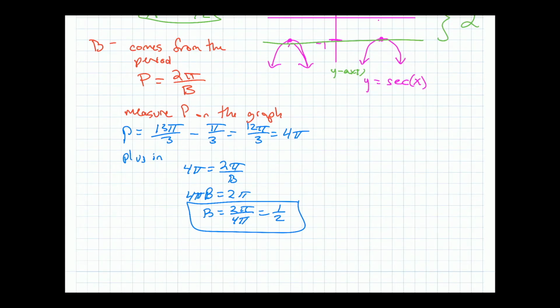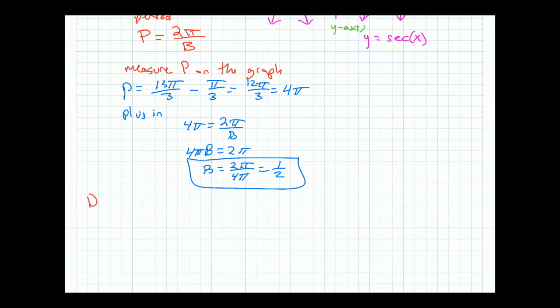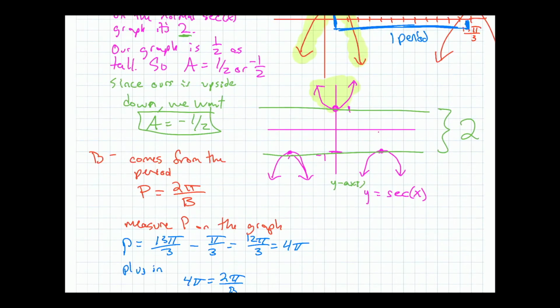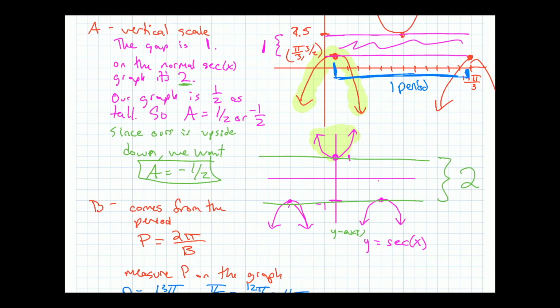Now the D comes from the midline, or the vertical shift. You have to look at your graph and say, normally the midline is at 0, so how far has this been moved up or down?